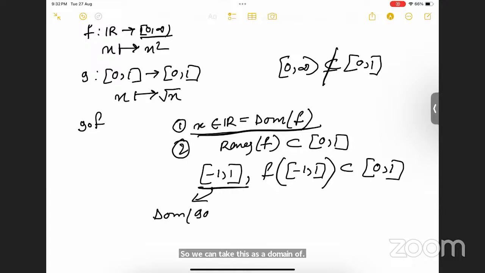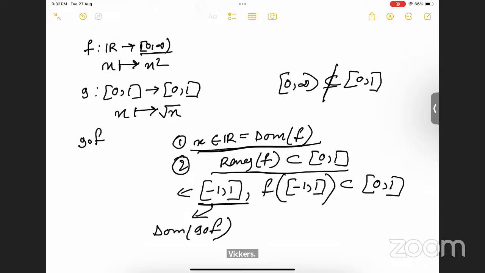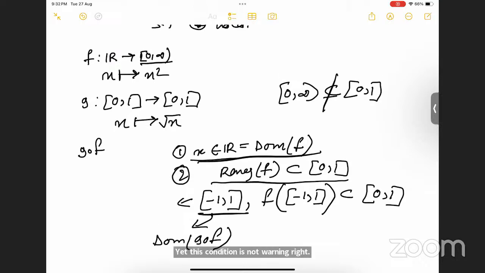Is it clear now? Ma'am, for g of f, we checked for the range of f to be a subset of the domain of g, correct? Yes. We restricted the domain of f because this condition is not holding: range of f is [0, infinity), not a subset of [0, 1].